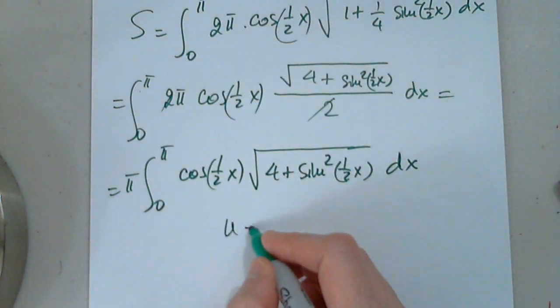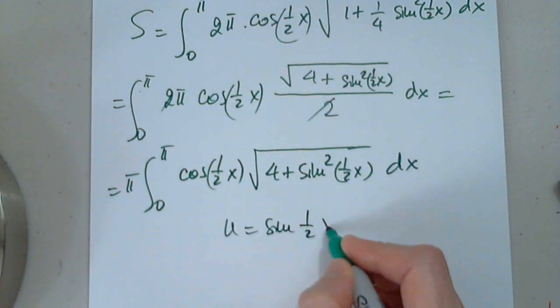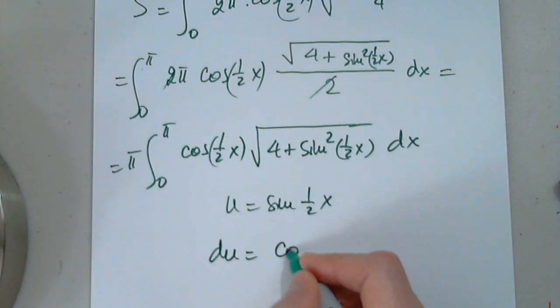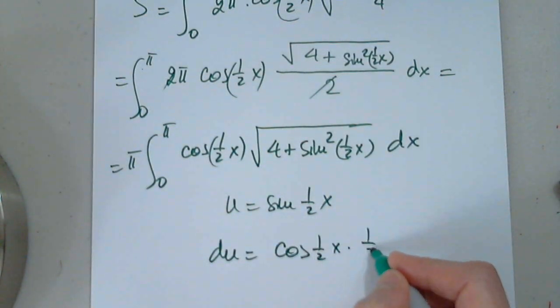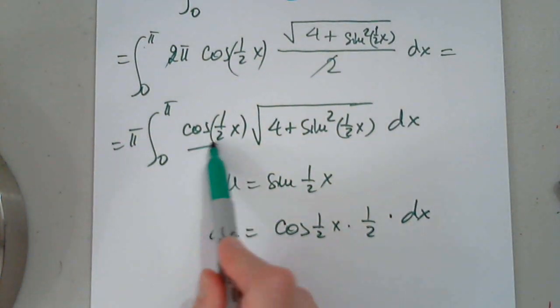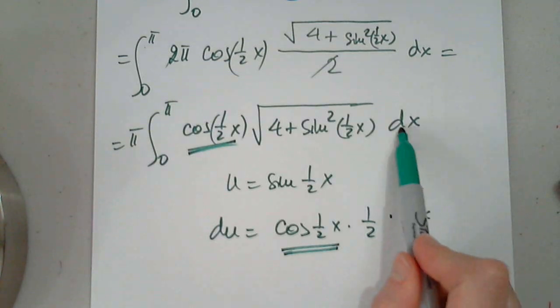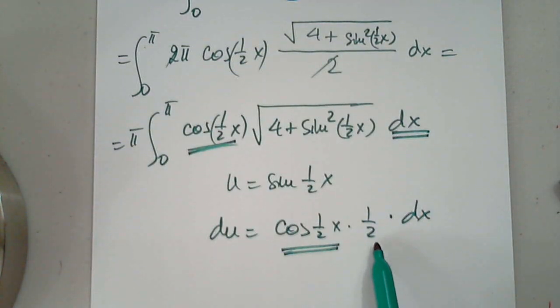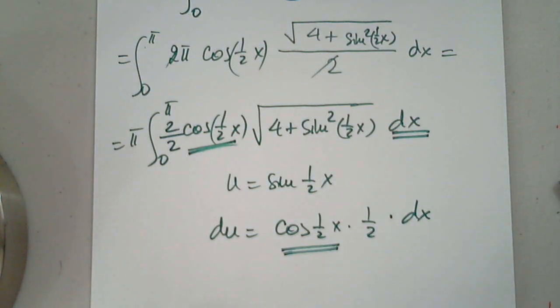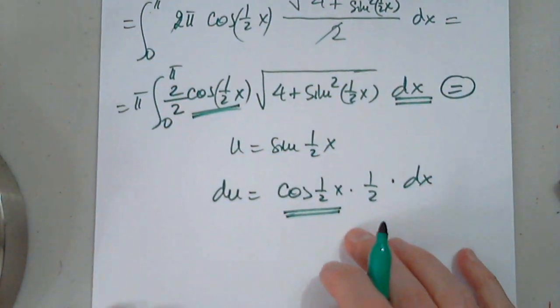Okay, so I'm going to let u be sine 1/2 x, and then du equals cosine 1/2 x times 1/2 times dx. So I do have the cosine 1/2 x, I do have the dx, I don't have the 1/2. Who cares? Very easy. 2 over 2. So moving on.